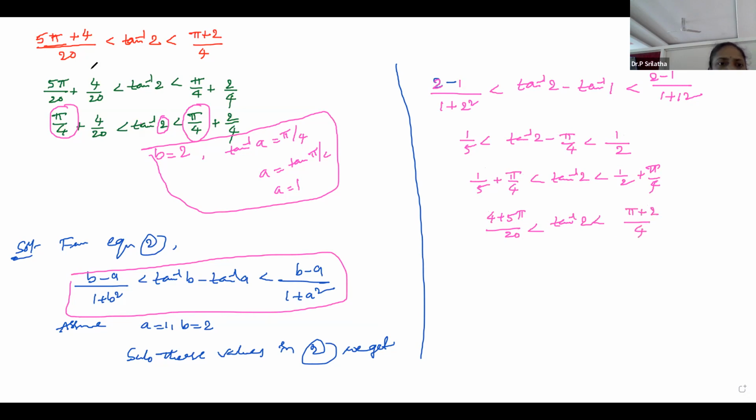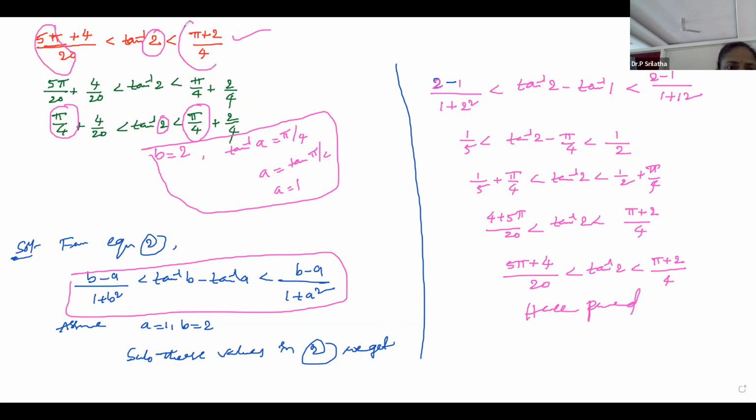Okay, so is this in the form? No, just small modifications are there. That is, 5 pi you have to write first, then plus 4 divided by 20, and tan inverse 2 is less than pi plus 2 by 4. Okay, so hence proved. The main problem depends on this.